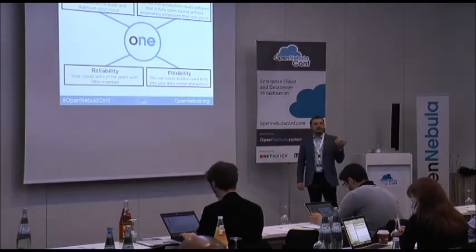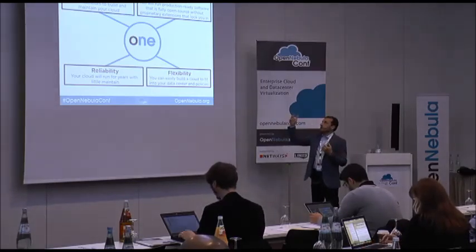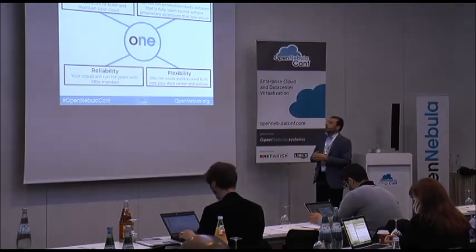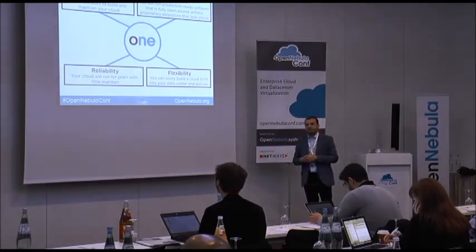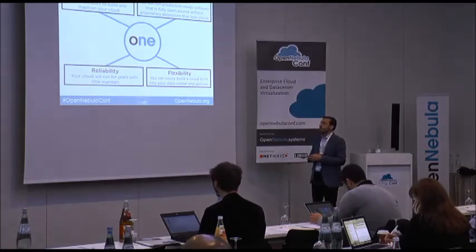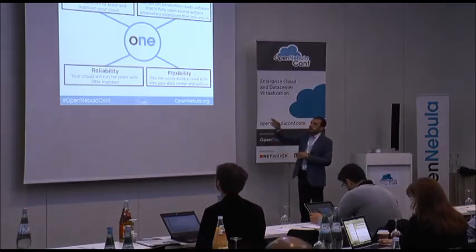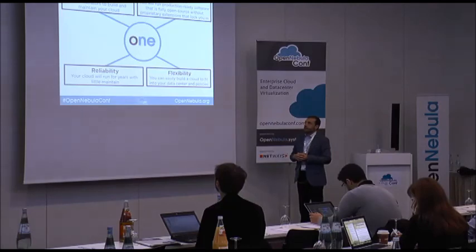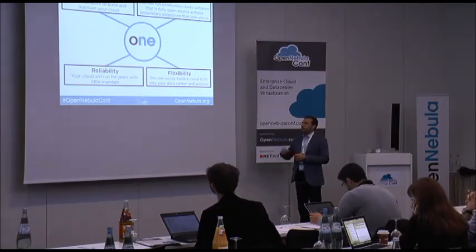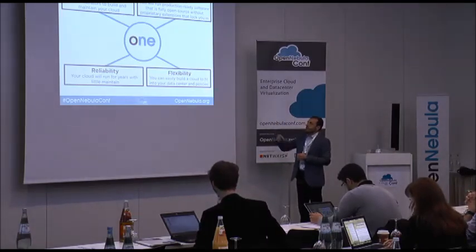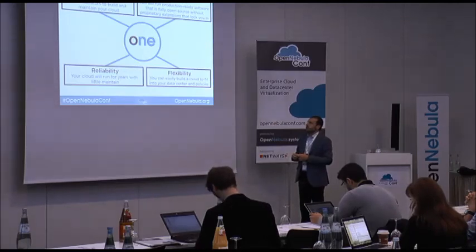Also, openness. With OpenNebula, you will run production-ready software that is fully open source, with no proprietary extension that locks you in. We want to be fully open source, and at the same time, enterprise-ready. Reliability: with OpenNebula, your cloud will run for years with little maintenance. And finally, flexibility. You can easily build a cloud to fit into your data center and policies.